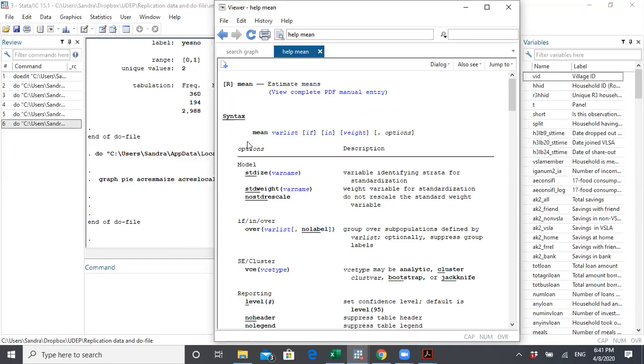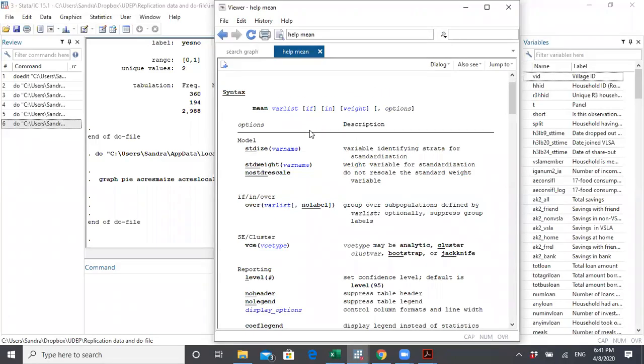You can see mean, so this is your command, mean, varlist, that's the list of variables that you want to include. Then you can include different conditions, like an if condition, if you want to add a weight, and then all your options. That's a pretty standard syntax for a command. All your different options are down below, and it gives you descriptions of what they are and how to use them.